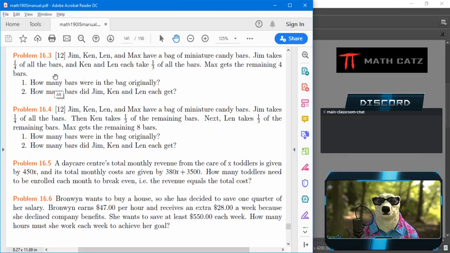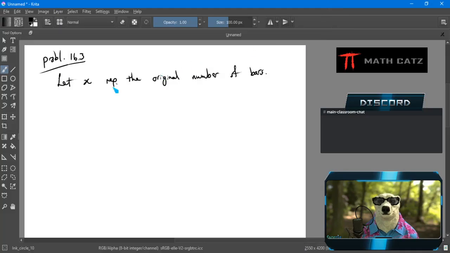Jim takes a quarter of all the bars. So I'm going to write out some sentences here. Then Jim takes a quarter of X. That's 1/4 times X. You don't need a dot there because one of them is a symbol. You can just write nothing, and that implies multiplication.